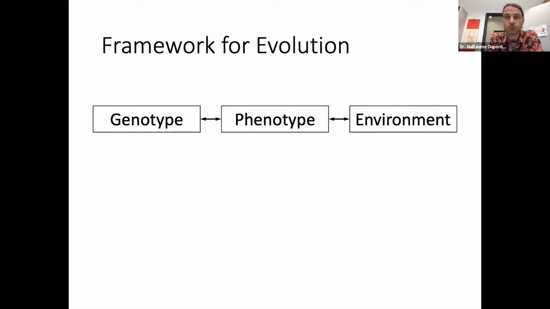So we heard that mutations as well as recombination always lead to novel genotypes. Today we're going to talk more about how the environment interferes with the phenotype.